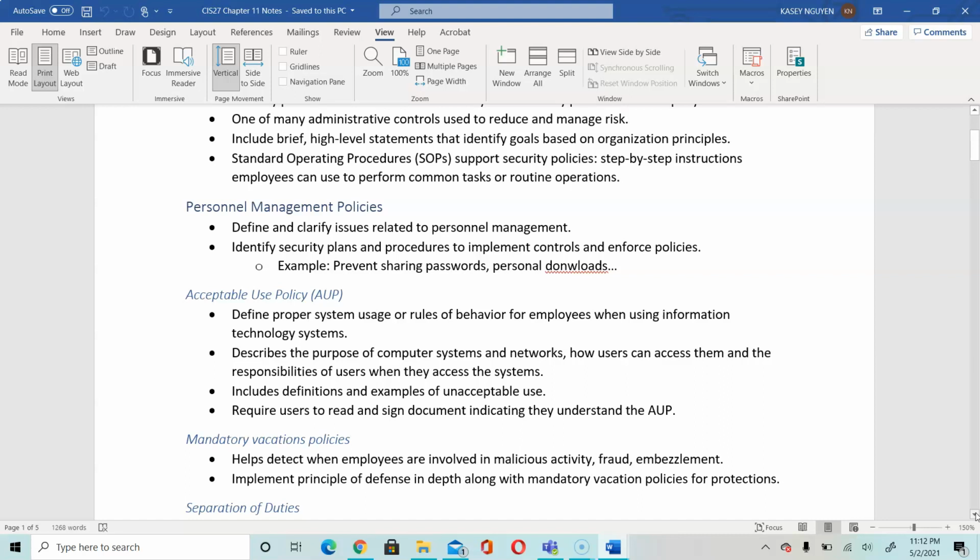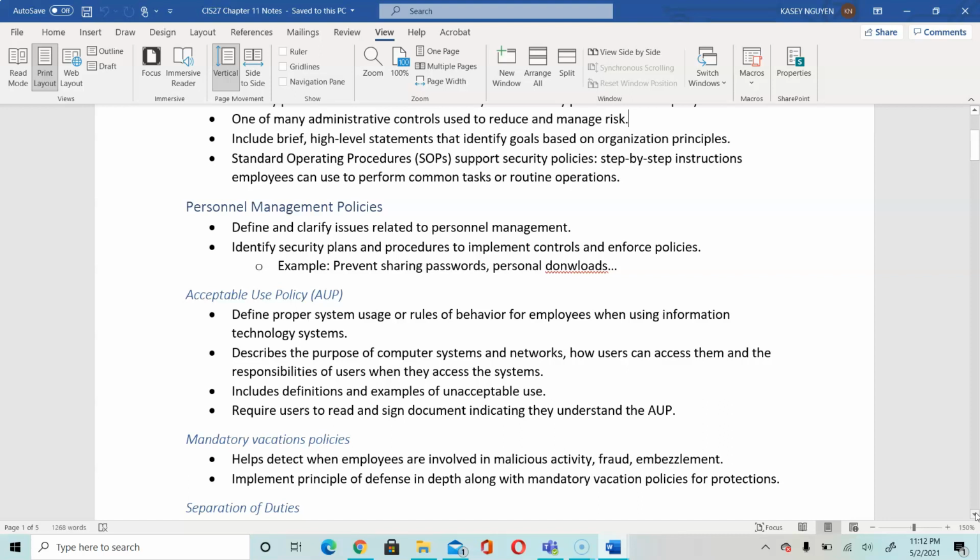And that would tie into what the employees should be doing, how they should use the systems, what's allowed and what's not allowed. It should describe the purpose of your organization's systems, networks, and how the user can access them, and their responsibilities when they're accessing the systems.